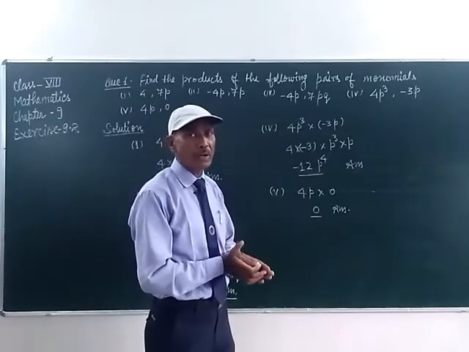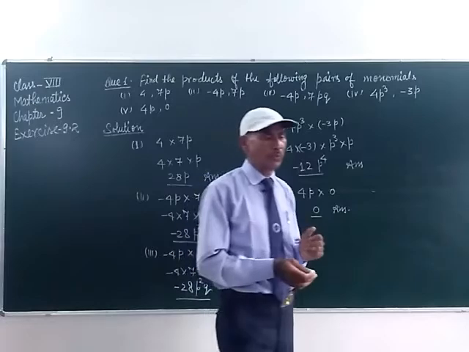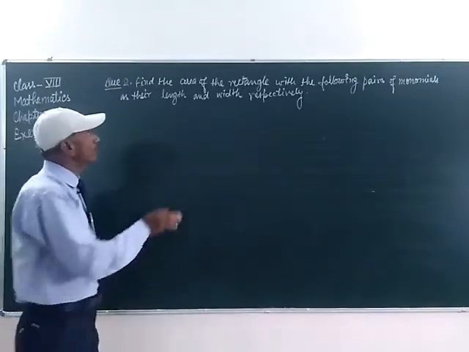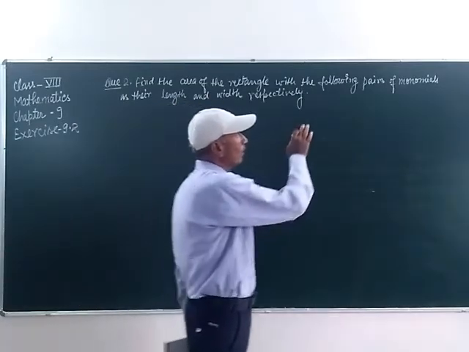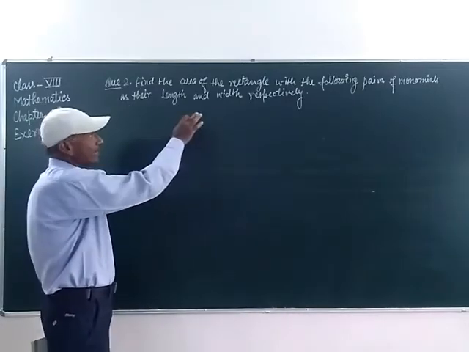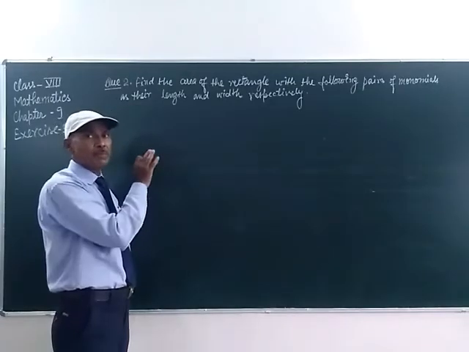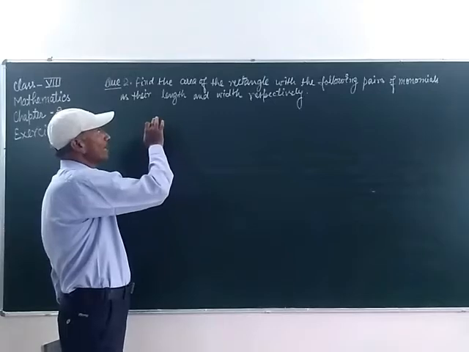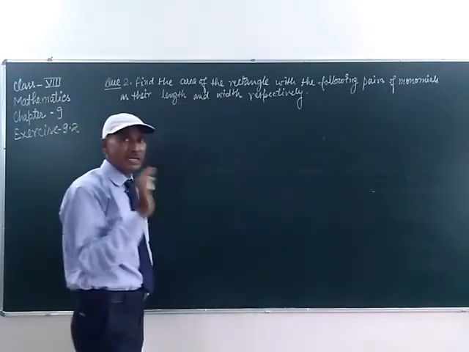Now we have to solve question number 2 of exercise 9.2. In this question, find the area of the rectangle with the following pairs of monomials as their length and width respectively. The pairs of monomials are given, and the first monomial is the length and the second monomial is the width of the rectangle.